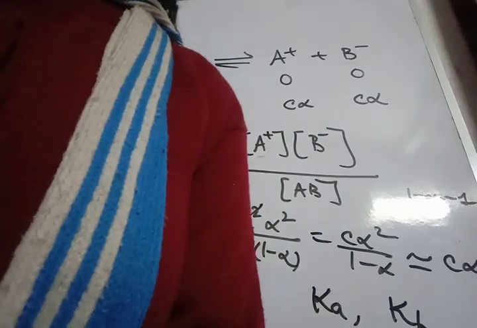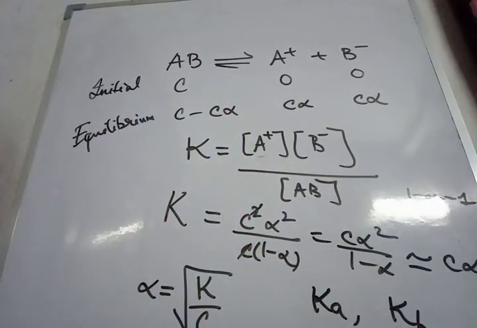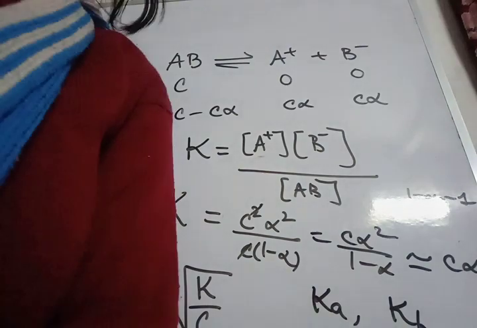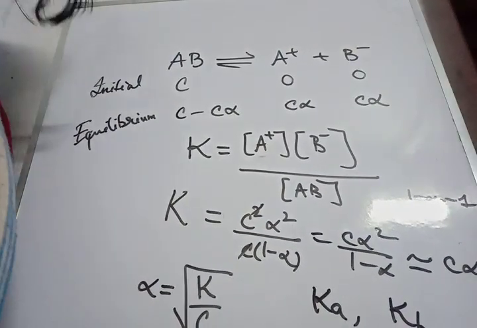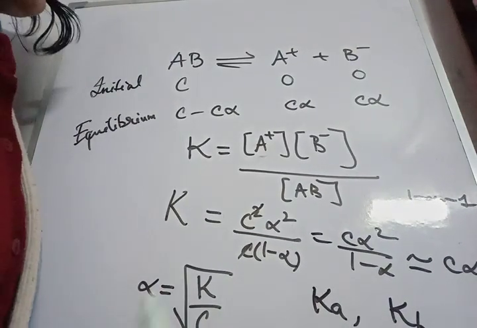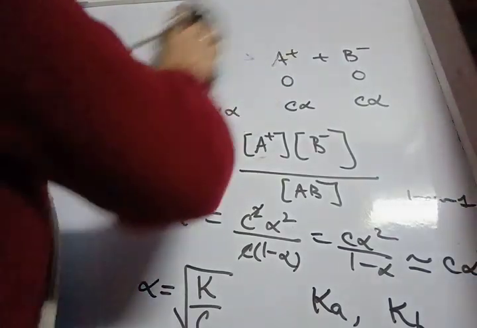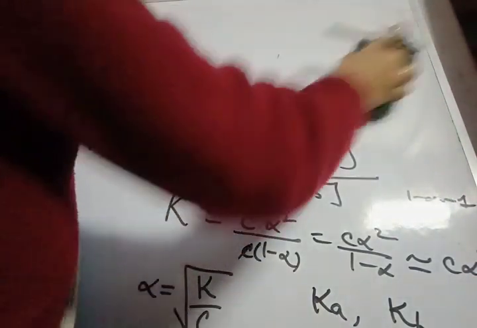Now next we move to concepts of acids and bases. Under concepts of acids and bases, we have the Arrhenius concept, Bronsted-Lowry concept, and then we have Lewis acid-base concepts.